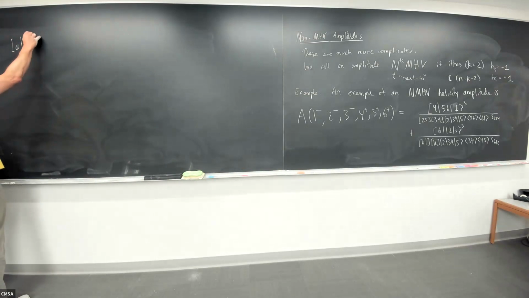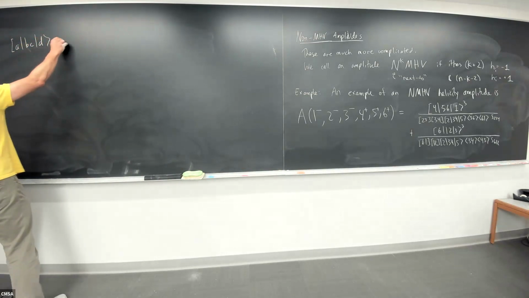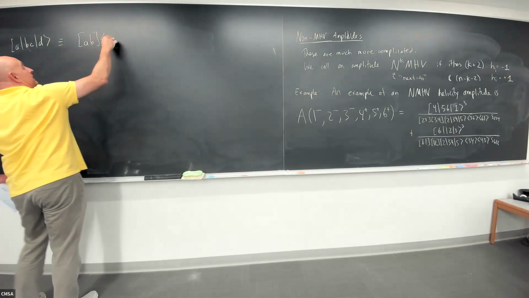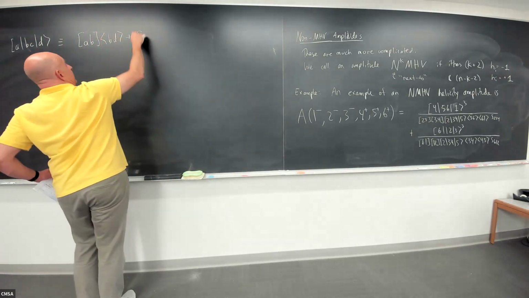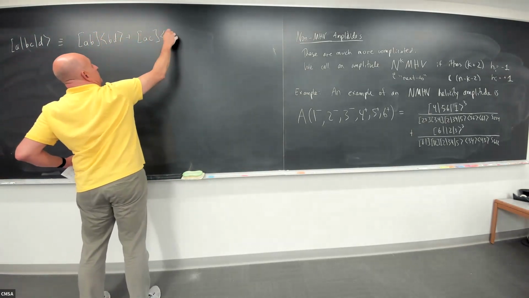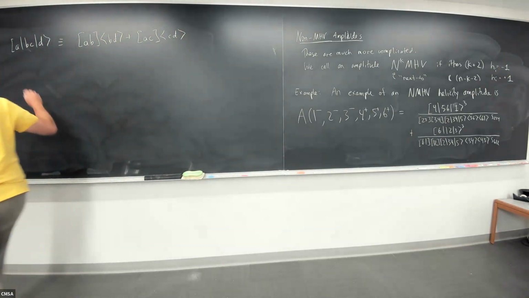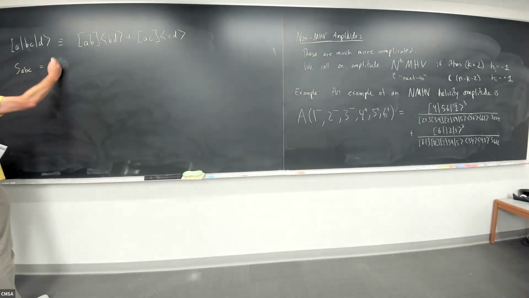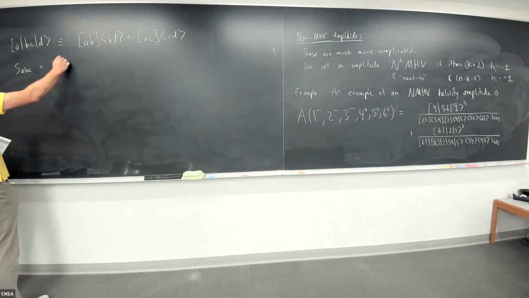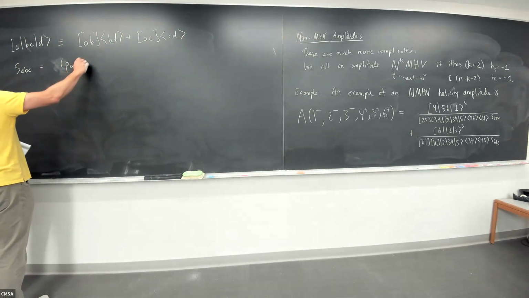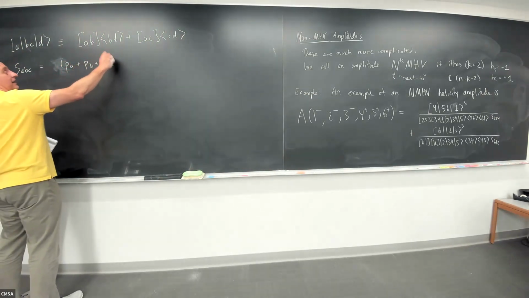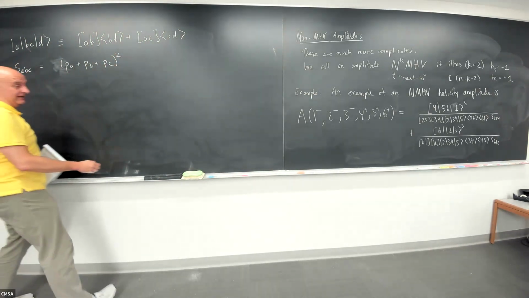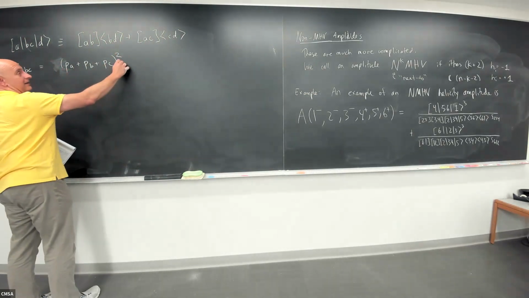A, B, C, D is defined as AB, BD plus AC, CD, and S_ABC is defined as P_A plus P_B plus P_C squared, and that's with respect to the Minkowski dot product.